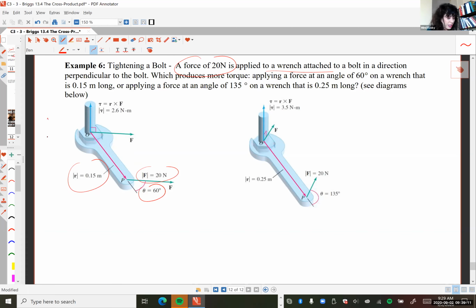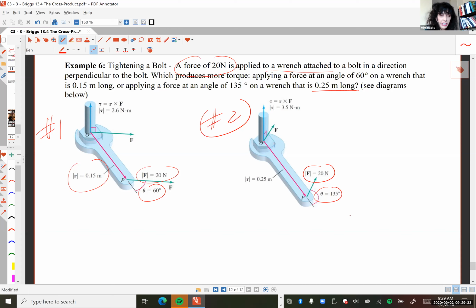So that's situation number one. In situation number two, you're applying a force of, I think it's still going to be 20 newtons here, but the angle you're going to make is different. So you got an angle of 135 degrees, and your wrench is a little bit longer, 0.25 meters.